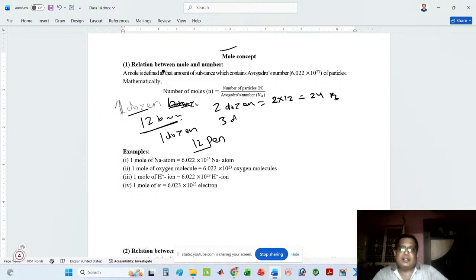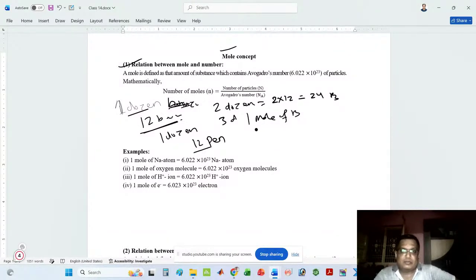So first I will discuss the relation between mole and number. Suppose I say bring 1 mole of banana. Actually it is not required to express bananas in moles, because bananas are generally counted in dozens. I am just giving this example for better understanding.